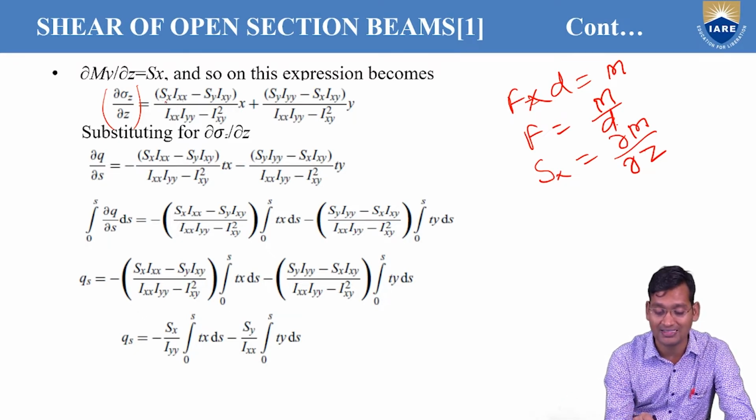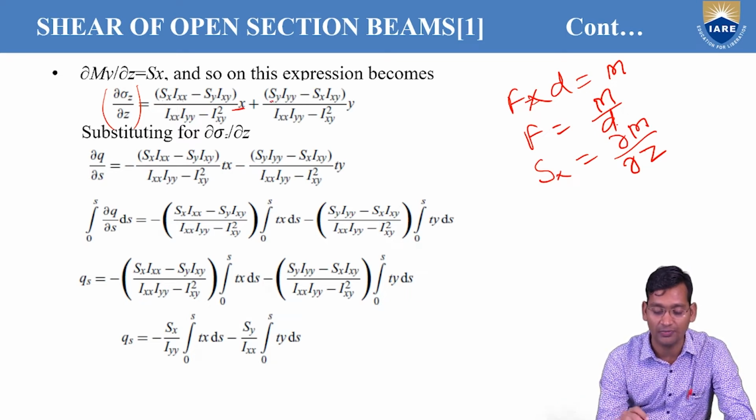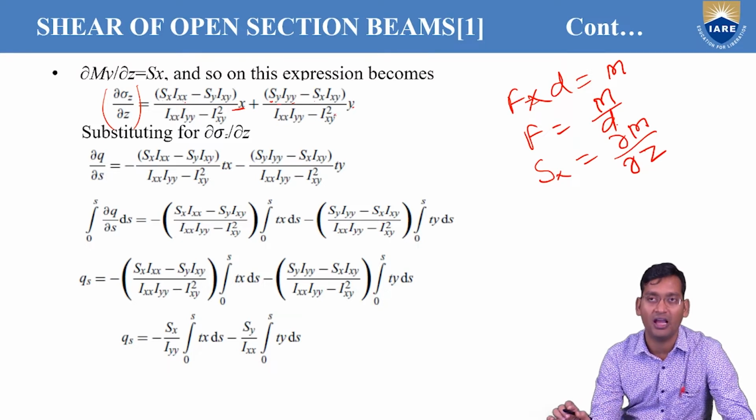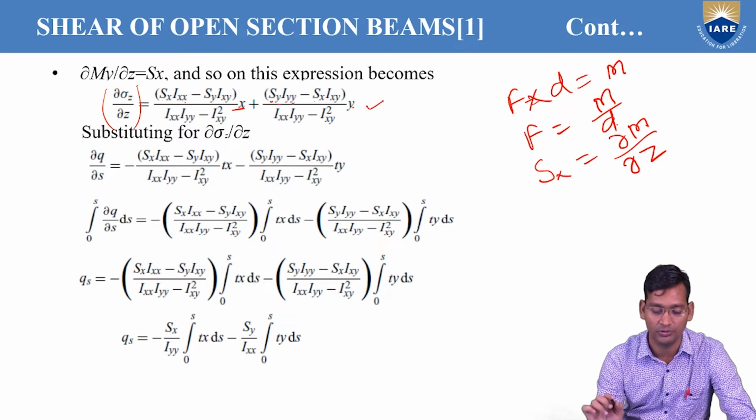Similarly for y: Sy Iyy minus Sx Ixy, divided by the same Ixx Iyy minus Ixy squared, into y. To remember this, Sx Ixx is there, so similarly Sy Iyy will be there, and for x the negative term is y, while for y the negative term is x. This derivation we already saw.